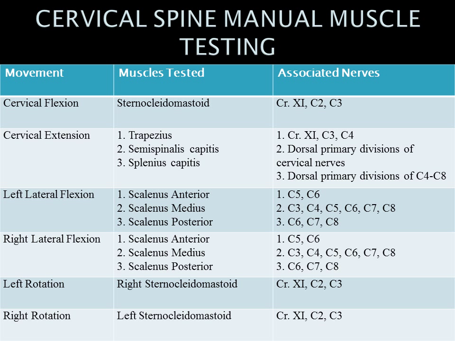And it's interesting because the AMA guides rely heavily on findings on manual muscle testing for the determination of various permanent impairments, but they don't give us much training on how to do manual muscle testing. So I created an entire program to handle just that issue. With regards to the cervical spine, and we'll just go through this material quickly because I have given this to you in your handout materials, we're going to test the movements of cervical flexion, cervical extension, left lateral flexion, right lateral flexion, and then left and right rotation.